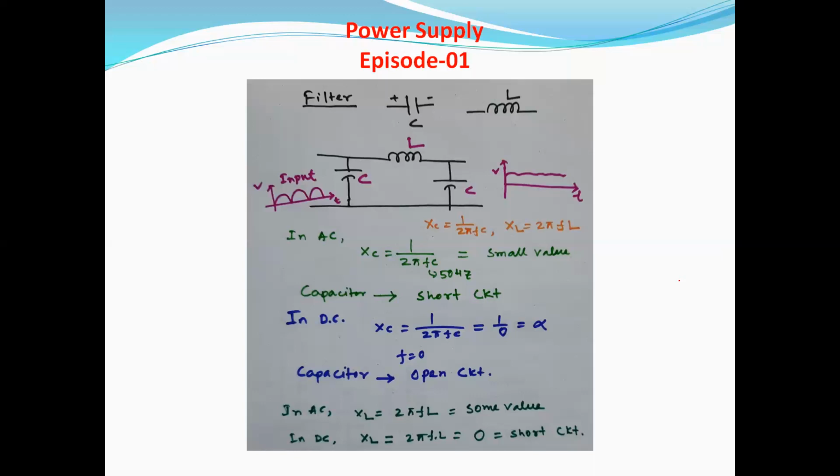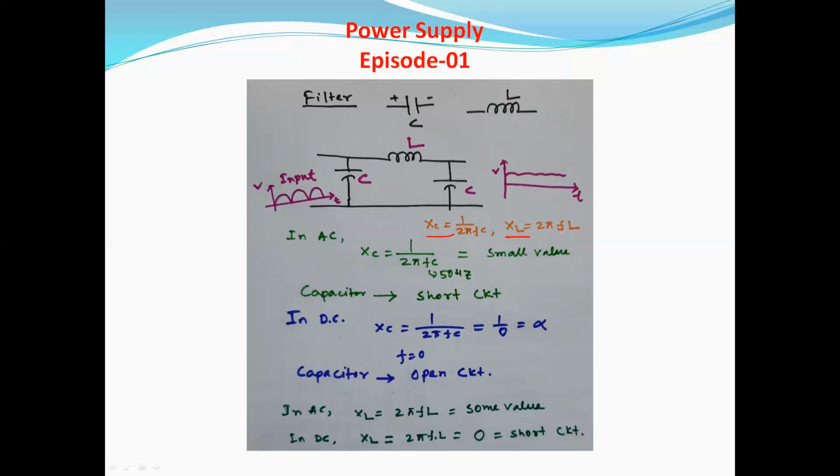For a capacitor, the resistance is called capacitive reactance, that is Xc, and for an inductor, the resistance is called inductive reactance. Xc is equal to 1 by 2πfC and XL is equal to 2πfL.